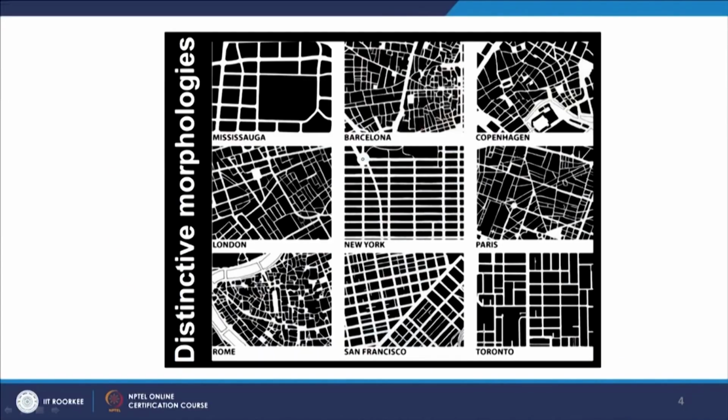Coming to distinctive morphologies, look at cities like Barcelona, Copenhagen, London, and New York, which is much more linear. Look at the old part of London, Rome again, San Francisco, Toronto. Each of these cities is distinctive in its composition; they vary by their network and by their scales, and it all comes through cultural roots and how they have evolved.